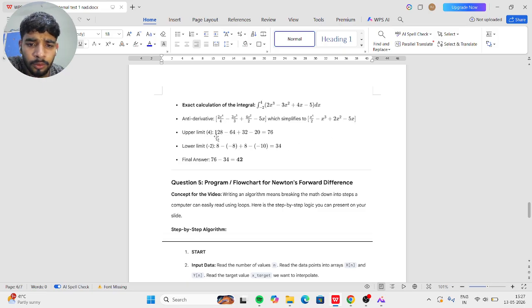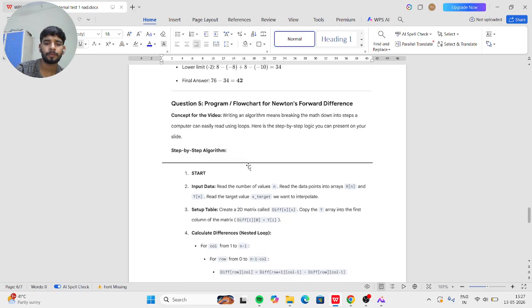The upper limit is 4, so we put that value, and the lower limit is minus 2, so we put that value, and we get the two values. For the final answer, we subtract them: 76 minus 34, which gives us 42.